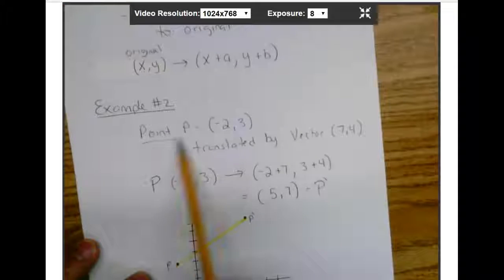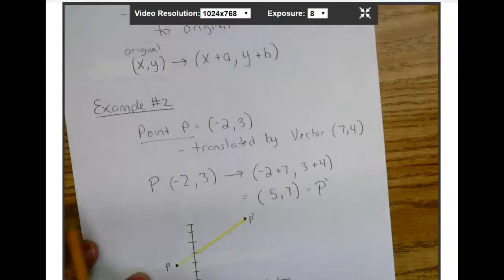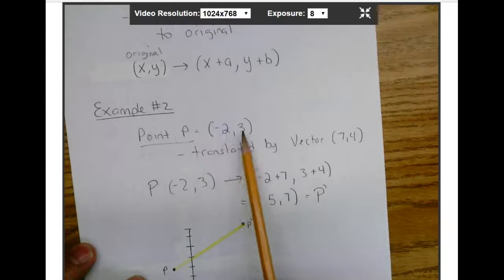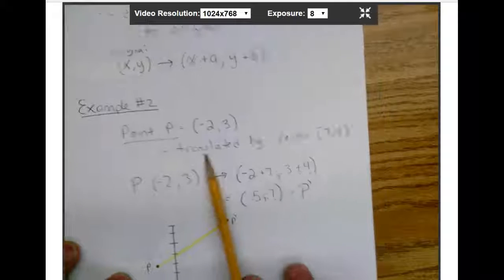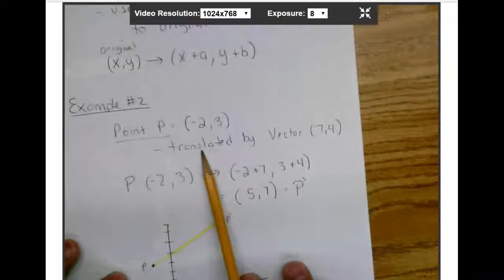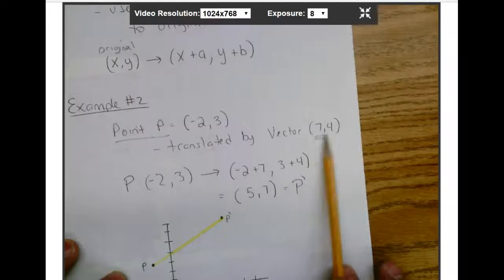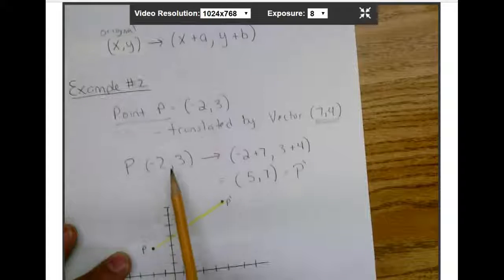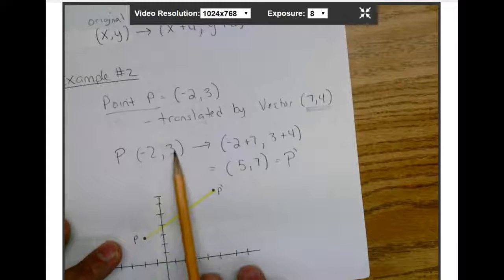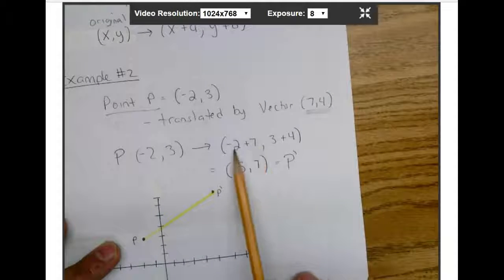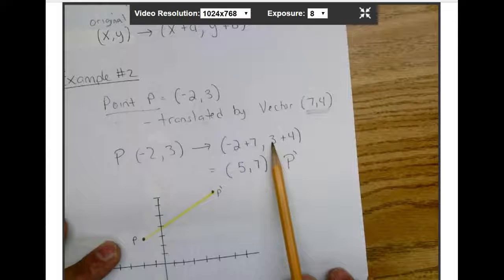So let's say we start off with this point here, point P, and that point is (-2, 3). And then we want to translate it by the vector (7, 4). So we're going to take these original points, negative 2 and 3, and we're going to add 7 to the x and 4 to the y.